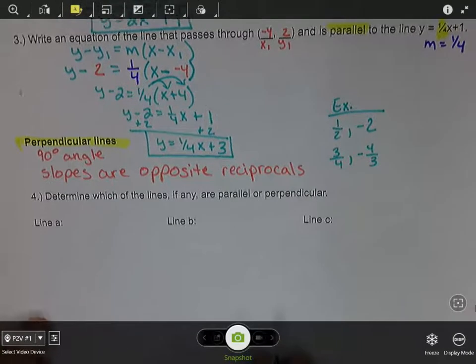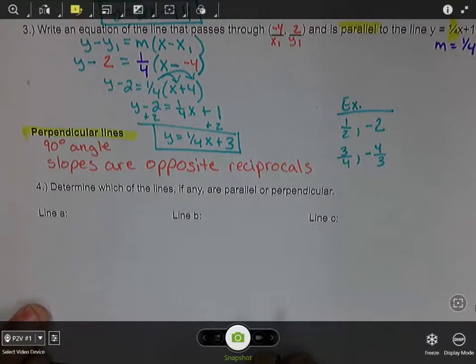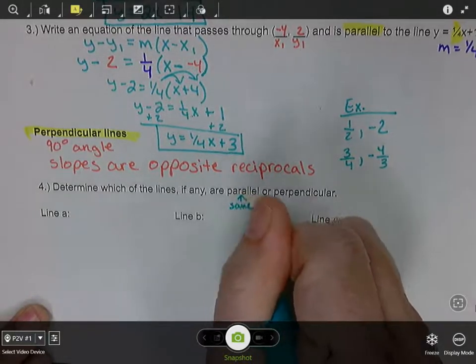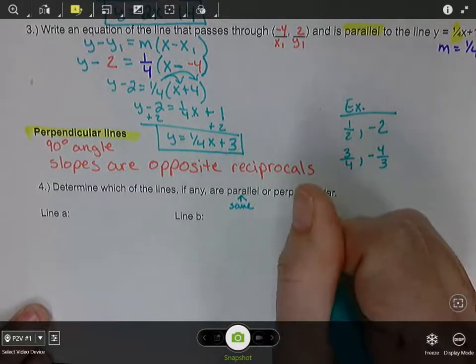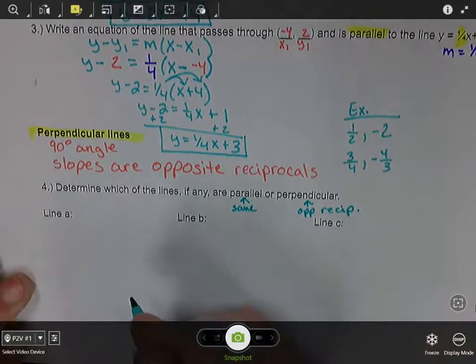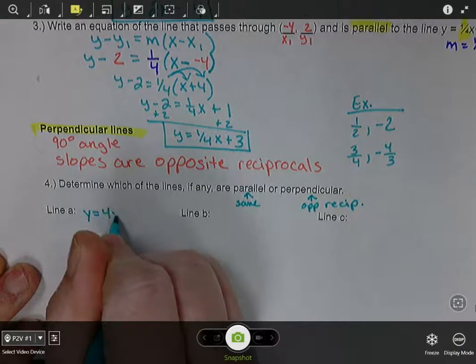All right, number 4 says determine which of the lines, if any, are parallel or perpendicular. So parallel have the same slope, and perpendicular, their slopes are opposite reciprocals. Okay. Line A has the equation y equals 4x plus 2.